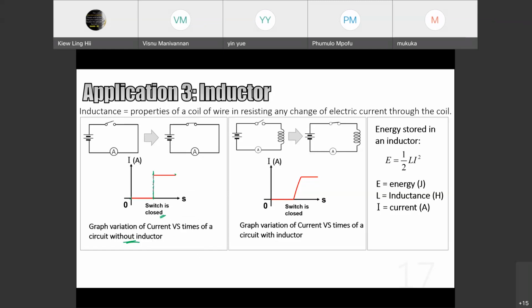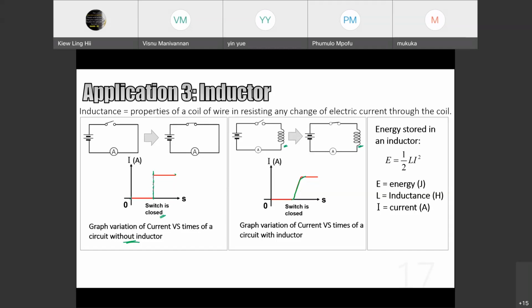However, in a more complicated circuit which contains an inductor or solenoid, you will discover that the current will slowly increase. After a certain time, only then will it reach its full brightness. So this example is somehow like the monitor of your computer screen.